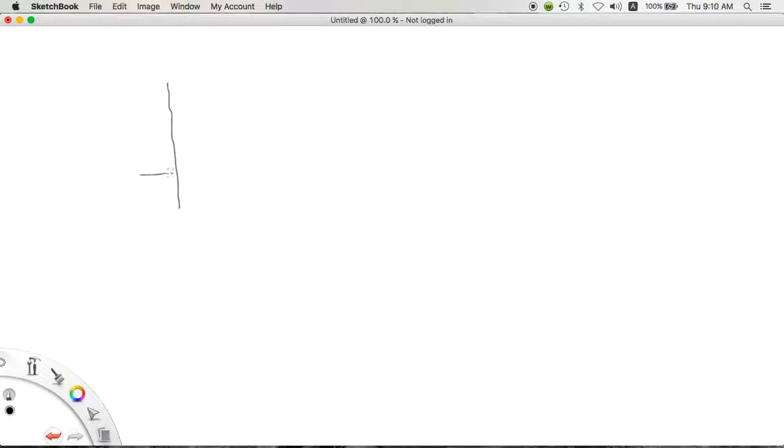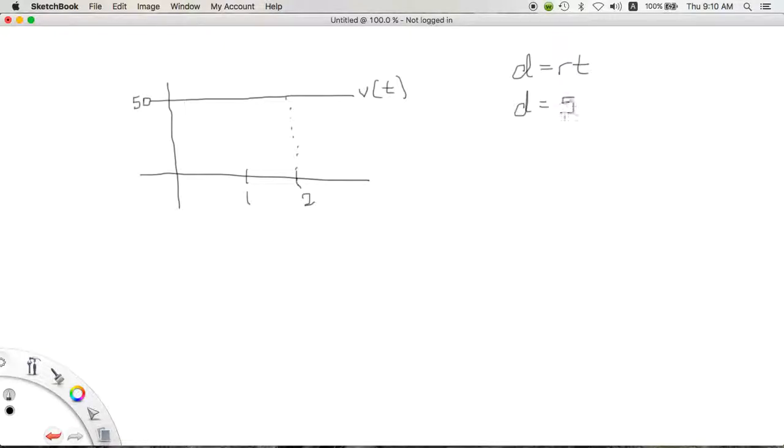Let's look at an example here. If we have a car traveling along at 50 miles an hour, and we know they travel for 2 hours, then if this is our velocity function here, it's a constant, 50 miles an hour. We know that distance equals rate times time. So our distance is going to be our velocity, 50 miles per hour, times our time, 2 hours, which means we traveled 100 miles.